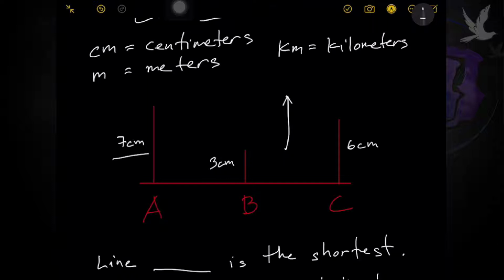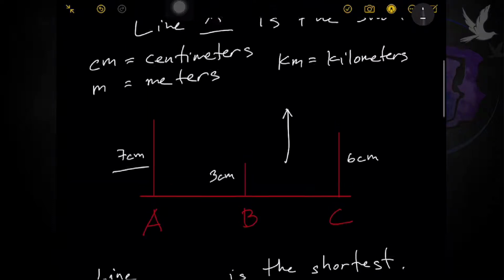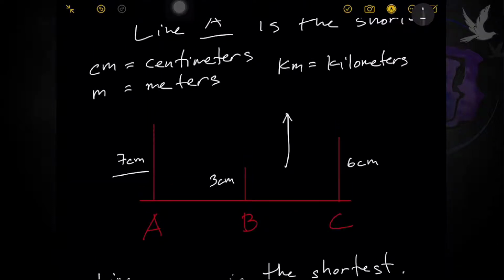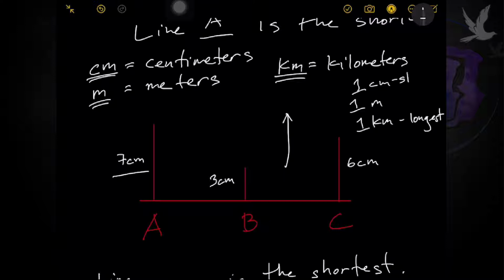Okay. So if you were to give each unit, centimeter, meter, and kilometer as 1 centimeter, 1 meter, and 1 kilometer, this is the longest among all. And centimeter is the shortest.